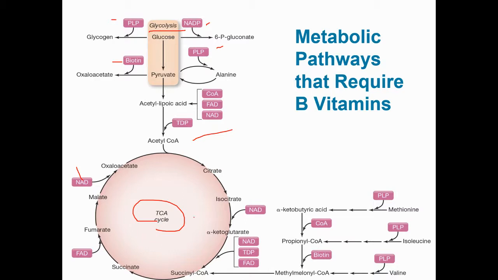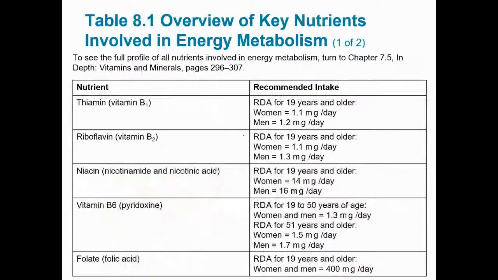So remember I said, if we were to zoom in on the TCA cycle, we would see that we talked about NAD and FAD, but a lot more of these B vitamin coenzyme derivatives would show up and help out. You can see virtually all of them do, especially if we start at the top from glycolysis. So this is just a helpful overview page if you want to use this to review.